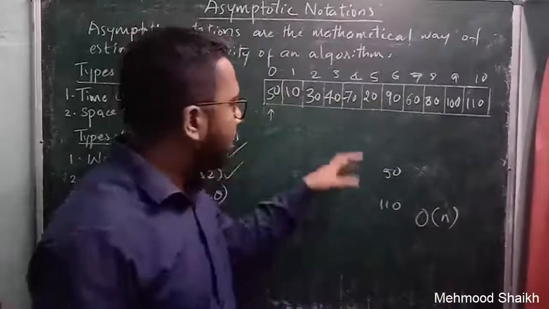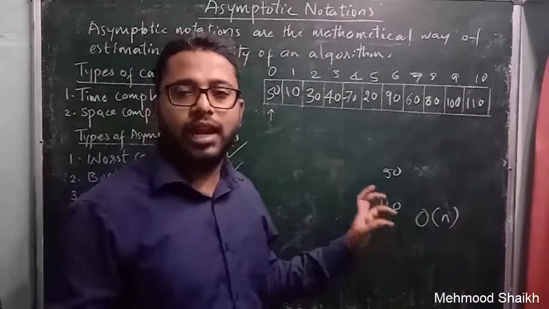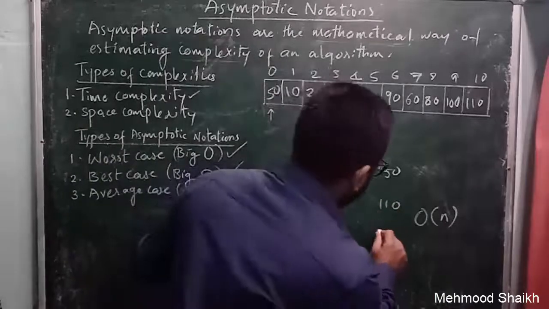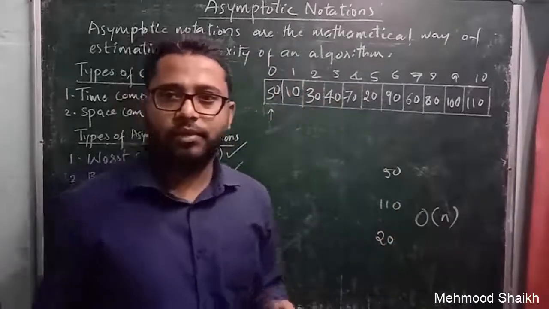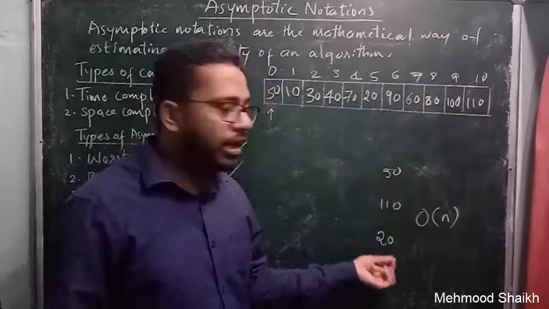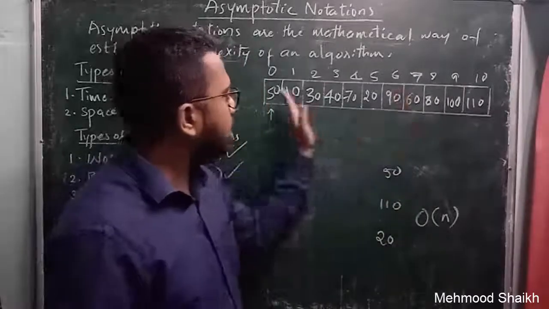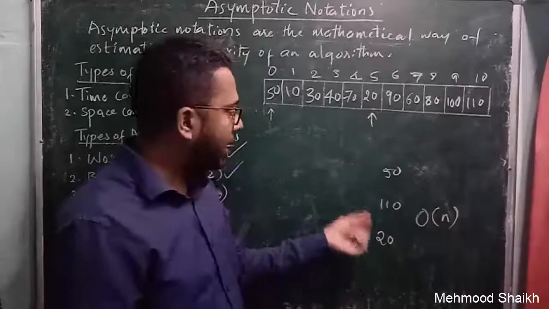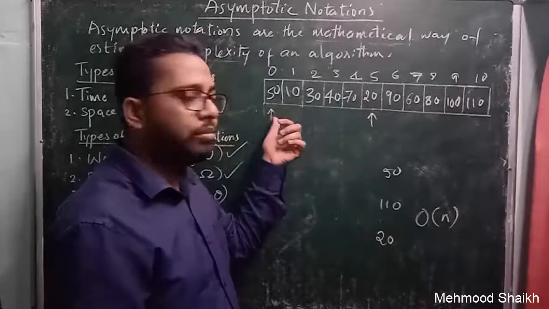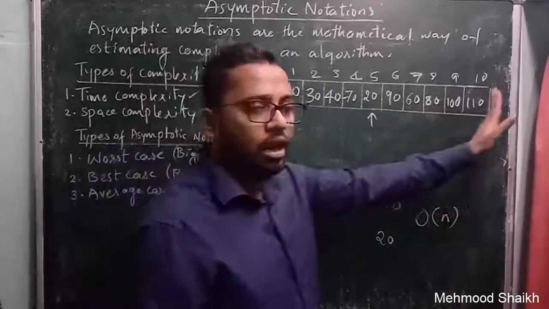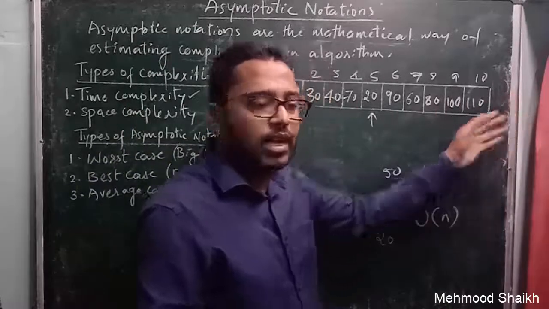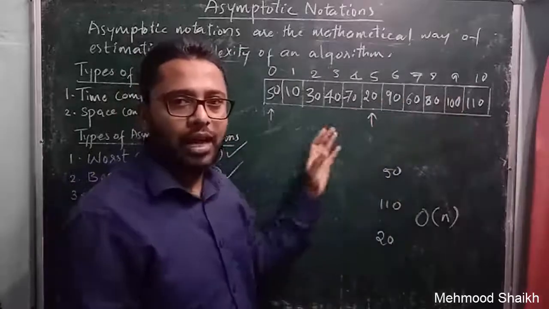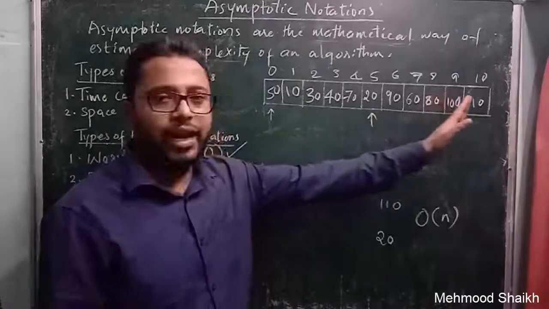Okay, and now it may also be possible that the element which I'm looking for is 20. Okay, so since the element 20 is present in between in this array, not at the very beginning of the array and not at the last position of the array, but present in the middle of the array, my algorithm doesn't have to iterate till the end of the array.